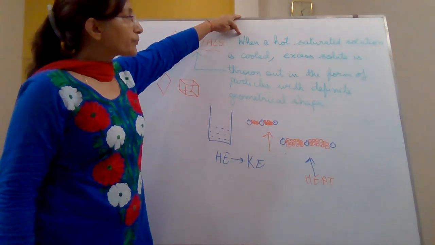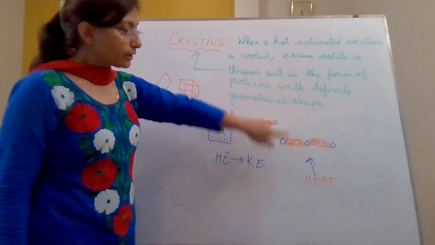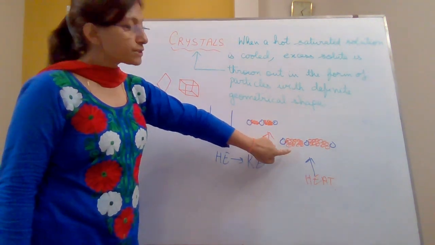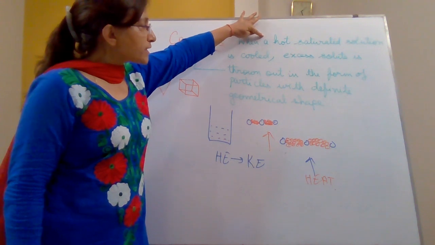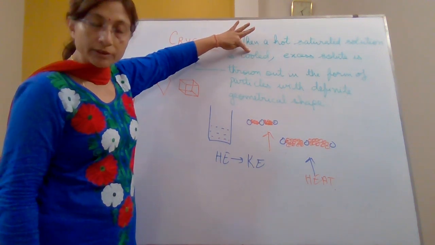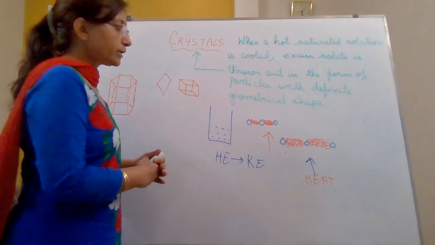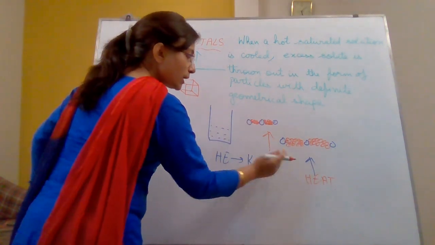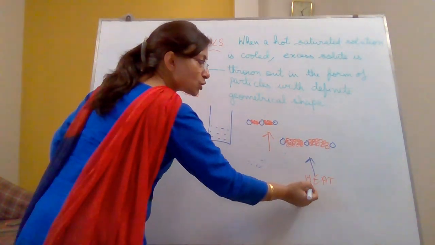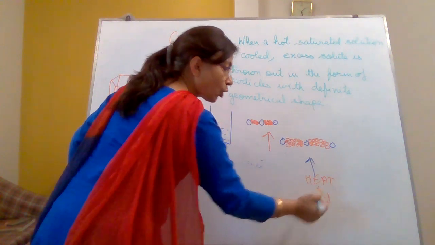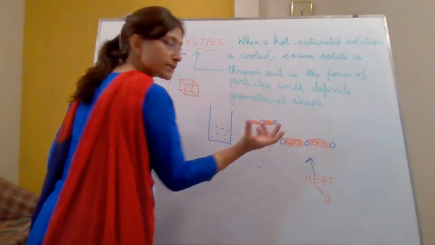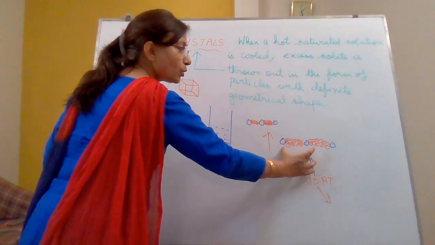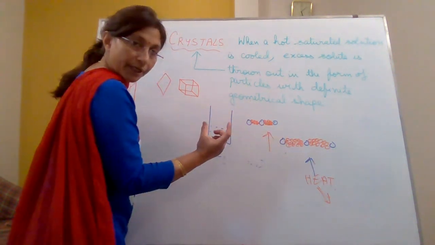Now what are we doing? We are cooling this hot saturated solution. When this hot saturated solution is cooled, जब उसको हमने ठंडा किया, then what happens? The heat is lost, the heat is all gone, right? The intermolecular spaces will now be lesser, कम हो जाएंगी.